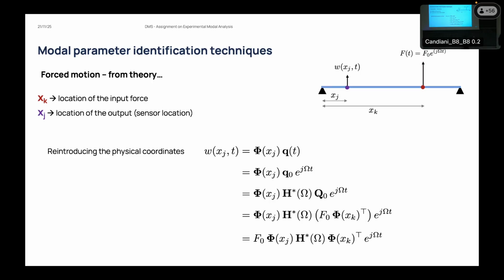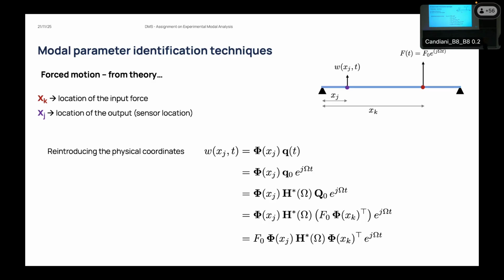And then we know that this q0 can be written as the matrix of the frequency response function times capital Q0 times e to the i capital Omega t. And then we know that this, again, can be written as phi of xj times the matrix of the frequency response function times Q0 that we previously wrote as f0 times phi computed over xk, because k is the position of the external force.